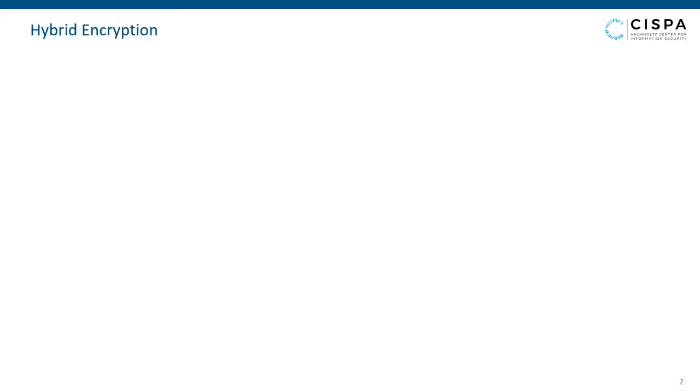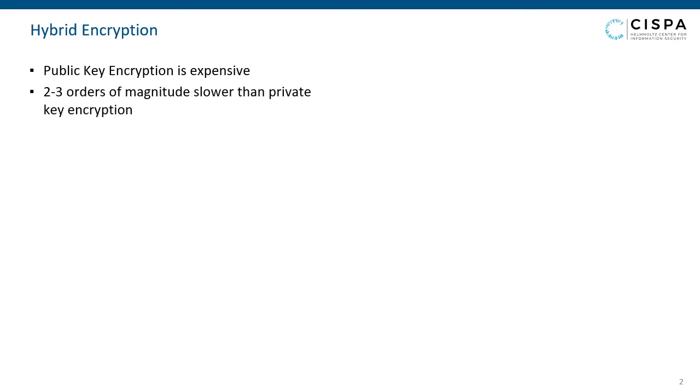One aspect of public key encryption we haven't considered yet is that it is expensive, in particular regarding the computational overhead of encryption and decryption. Roughly, in practical terms, public key encryption is 2 to 3 orders of magnitude slower than private key encryption.